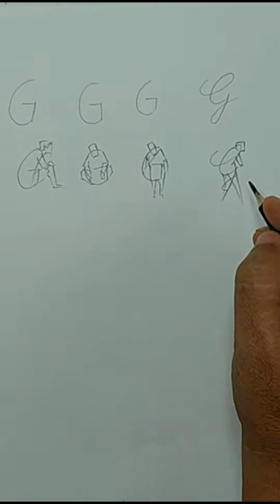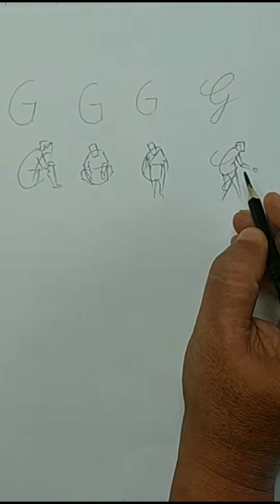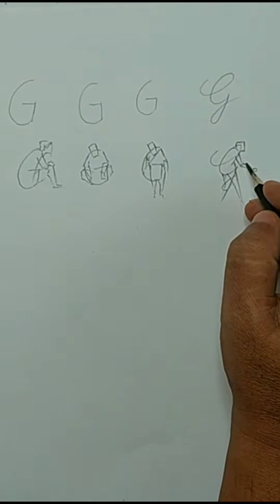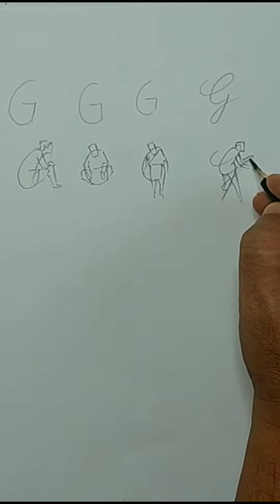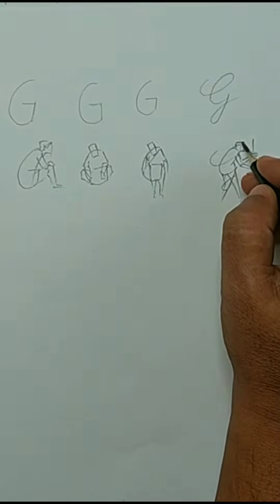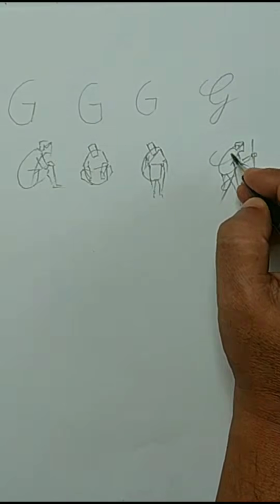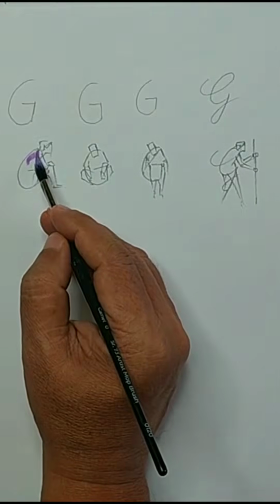What is the arm movement? Maybe it is slightly thrown forward, and what about the other arm? Maybe he's holding something, some pole or something. I don't know. Okay, so this looks like a convincing idea. May not be very precise.